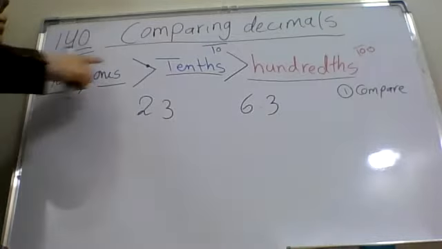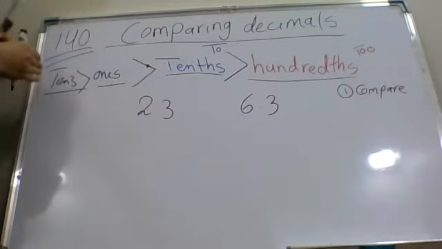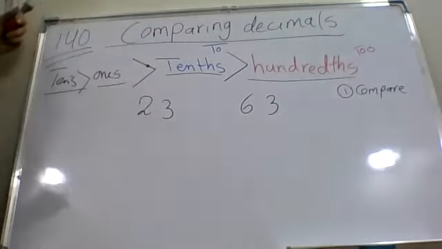So remember this picture. Each time you go to the left, it's bigger and bigger. The 100 is bigger than the 10th, the 10th is bigger than the 1's, and so on, okay?